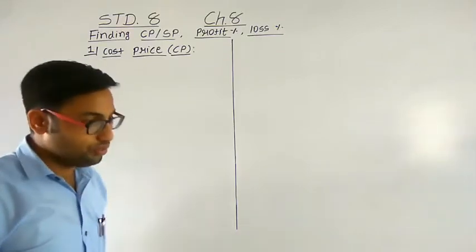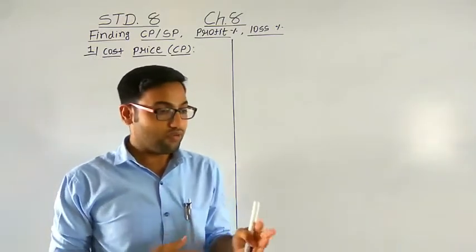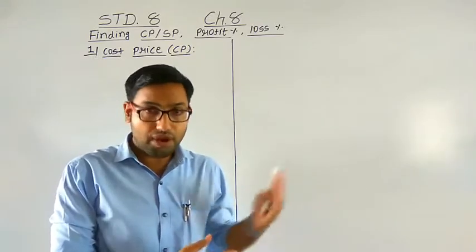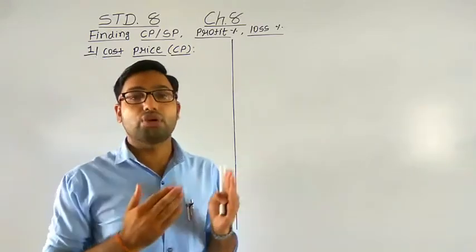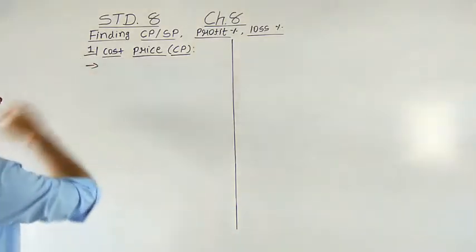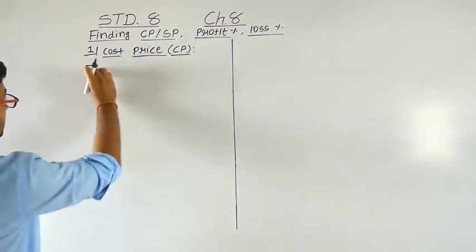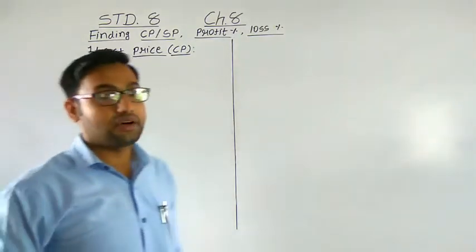Whenever you go to the market to buy something, whatever you pay to buy that thing is called the cost price. Suppose you are going to buy a TV, and the cost you have to pay is, suppose, 8,000 rupees.